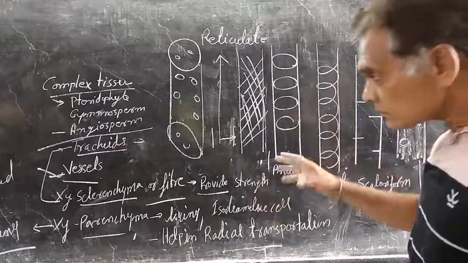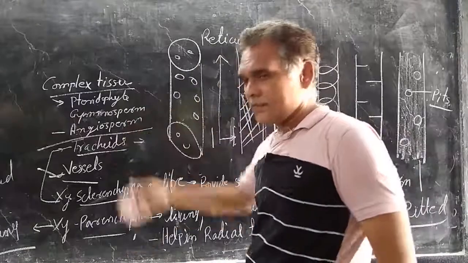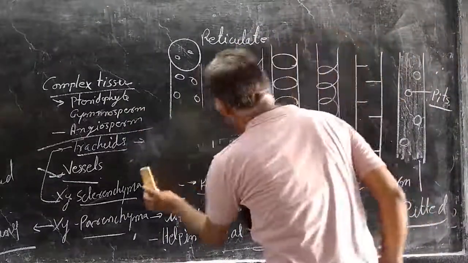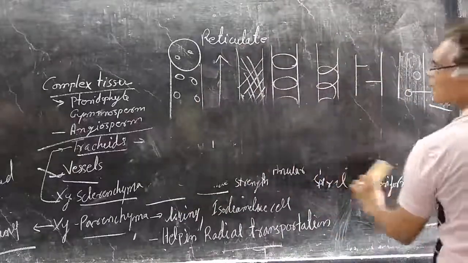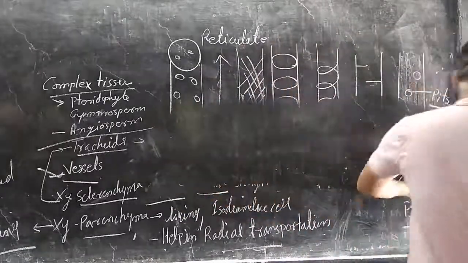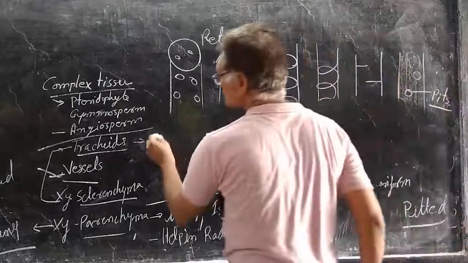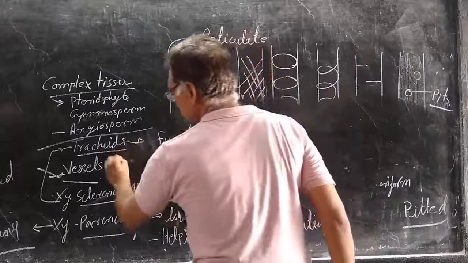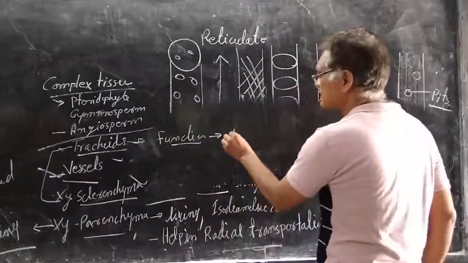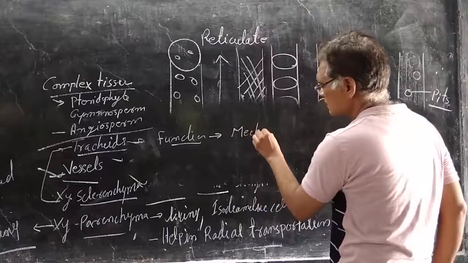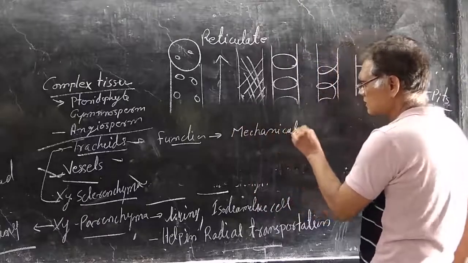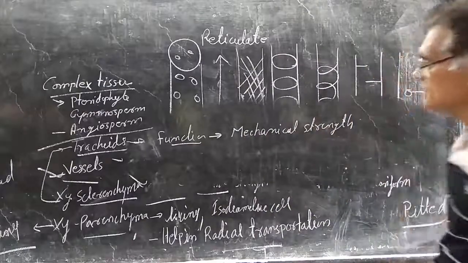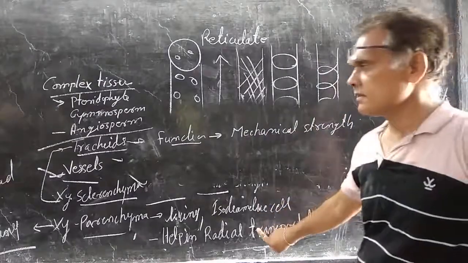Now if we see the function of xylem tissue, the tracheids, vessels and sclerenchyma provide mechanical strength, but not xylem parenchyma.